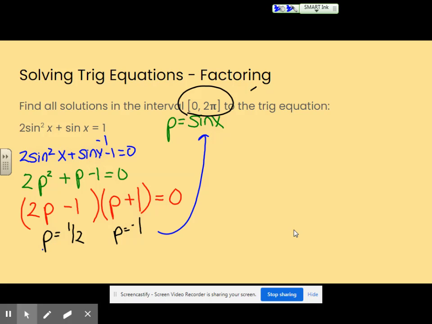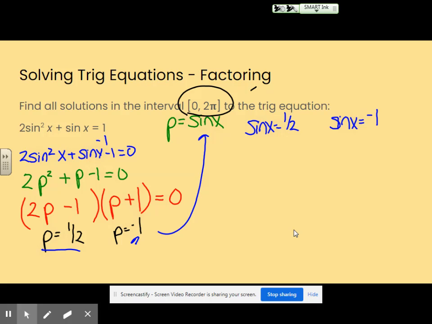So here, if p equals 1/2, I can say sine x equals 1/2. And if over here, p equals negative 1, I can say sine of x equals negative 1. Okay. Because we want to make sure that we are solving for x, not p.